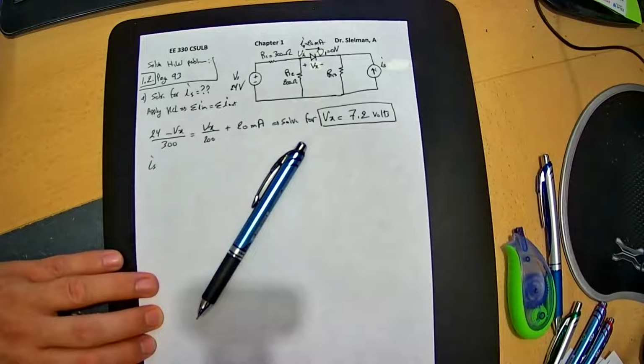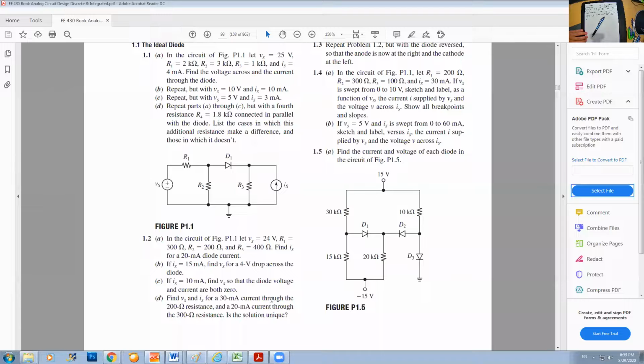Let me show you what we missed. We missed that R3 is 400 ohm, else we could not find I of S.